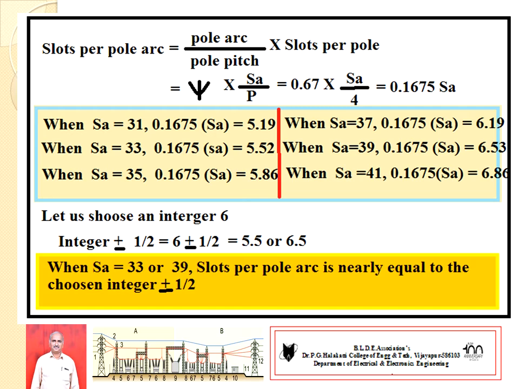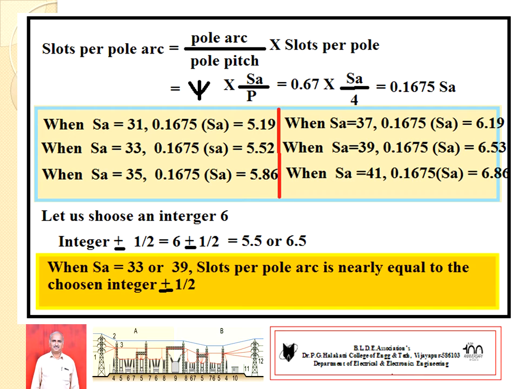You can observe very clearly number of armature slots for 33 equal to 5.52. Again another one, number of armature slots equal to 39, we are going to get as 6.53. So, these two values are eligible. Sir, you can observe here 5.52 and 6.53. These two values are eligible.